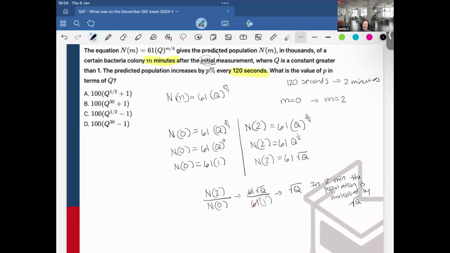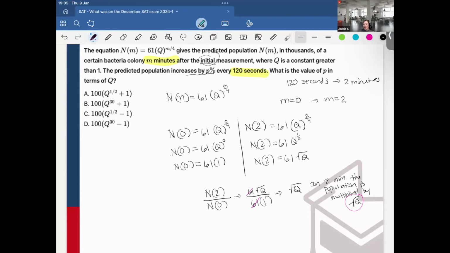Amazing, right? So now, final step, I want to see what the predicted population increase by P% is. A multiplication factor of square root of q means that the new population is square root q times larger than it was originally.